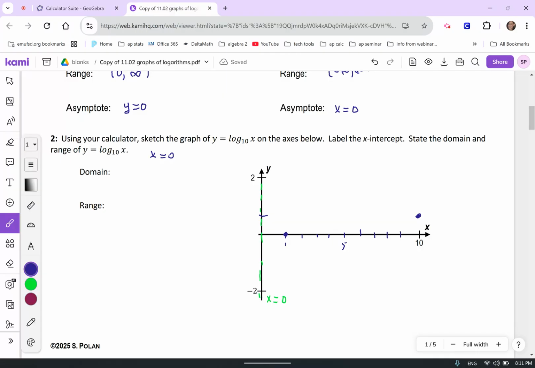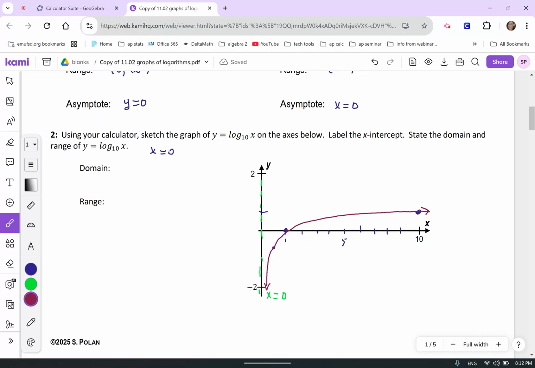So we can actually kind of graph that. So the function looks something like this, with arrows on both ends. So between 0 and 1, it's going to be below the x-axis. It crosses at the x-intercept of 1, 0, and at 10 it approaches 1. And that's the common log.